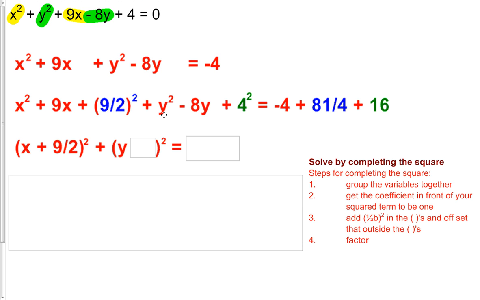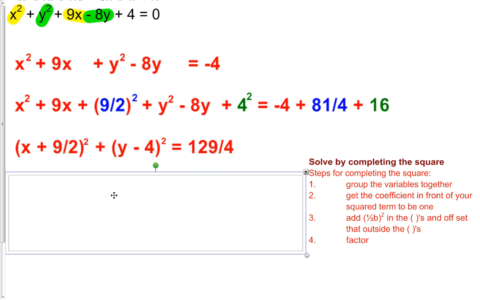Same thing over here. y squared minus 8y plus 16, we're going to factor down to y minus 4, all of that squared. On the right side, I would recommend you just take out your calculator for something like that. If you add it up, you're going to get 129 fourths.